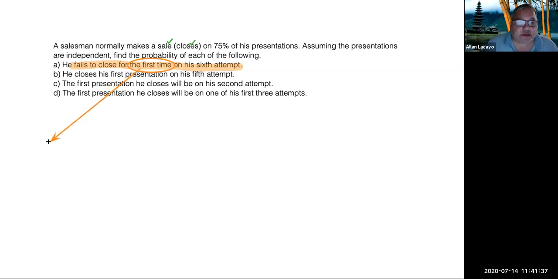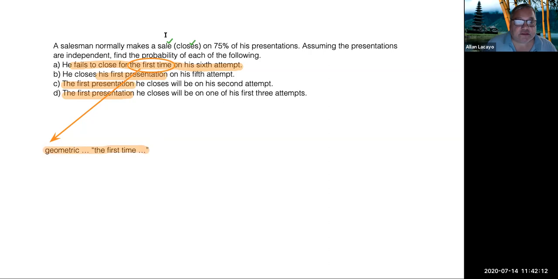So things happening for the first time, his first presentation, that's all indicative of a geometric counting model. Because we want to know when the first time that something happens is. Okay. So in this problem, all components of this question are geometric.